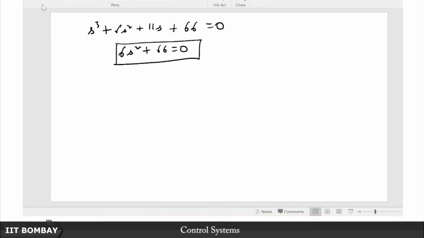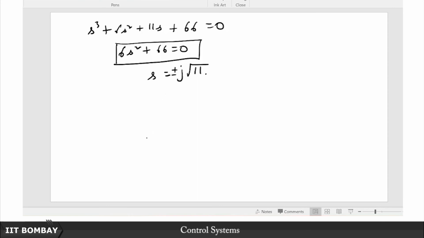So therefore, at K equal to 60, it turns out that s is equal to plus or minus j square root of 11.